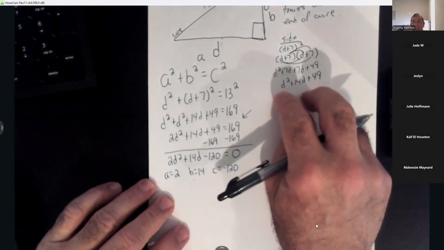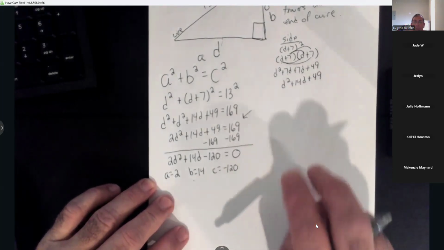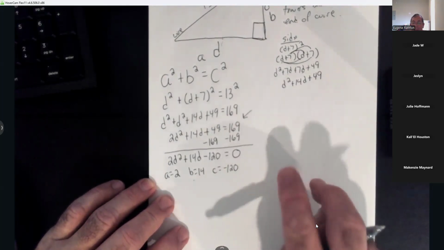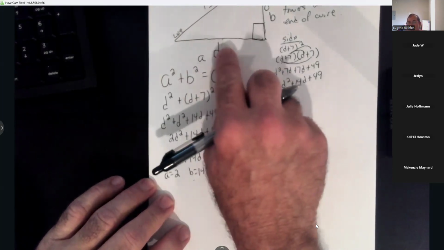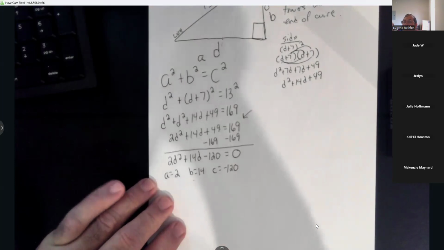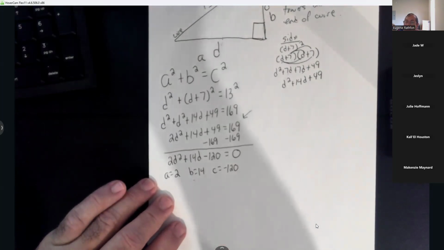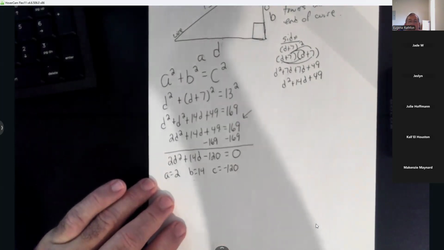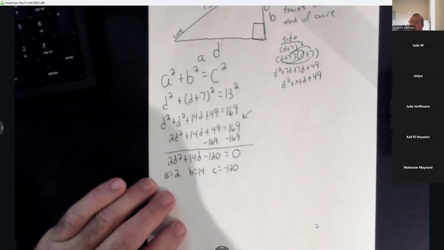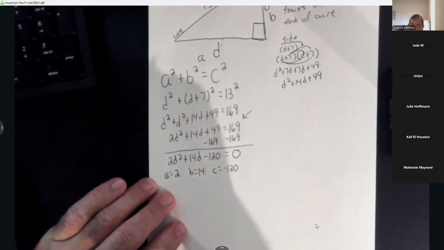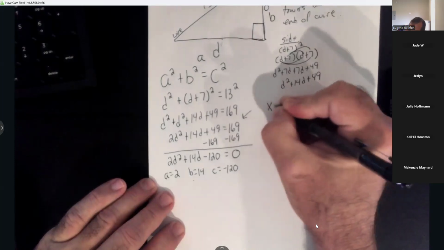We're now going to plug that into our quadratic formula and get two answers. But y'all, since this is a distance problem, I can only keep the positive answers. Any negative answers, I got to throw away, okay? Because we're dealing with distance, and distance cannot be negative. So let's get our two answers.